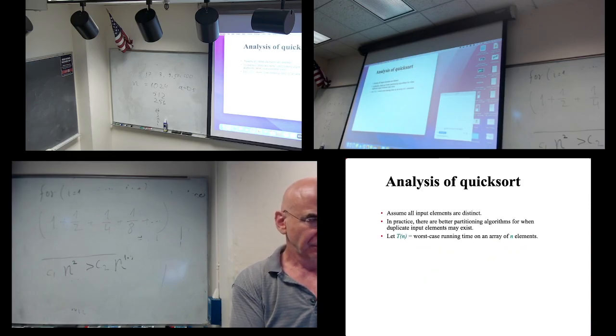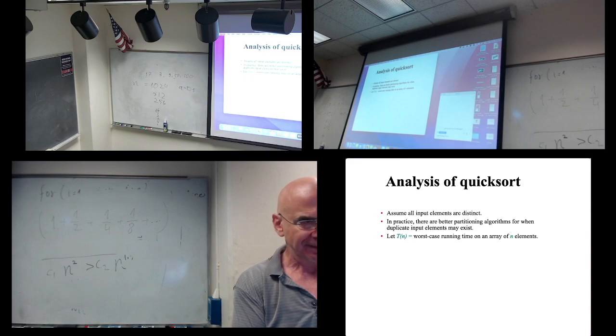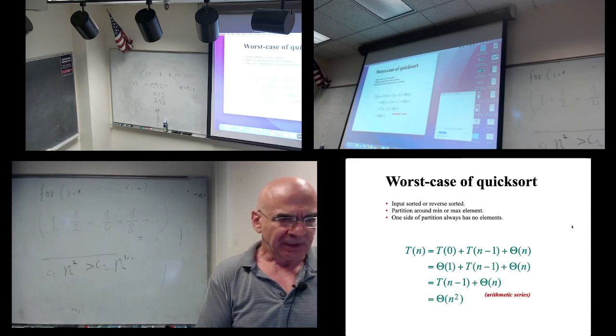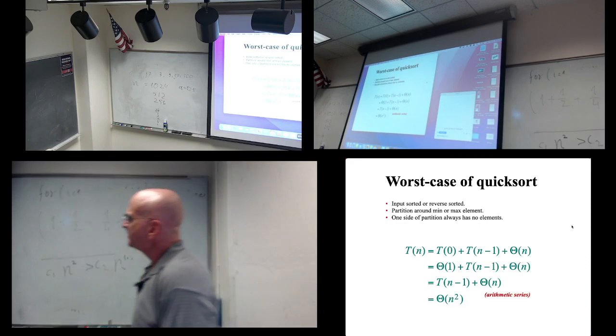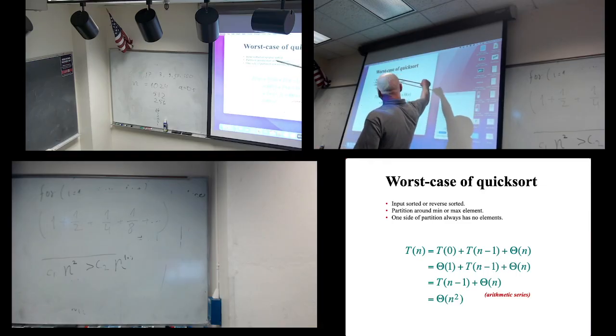Okay, so T of n is the worst case running time. The worst case and the best case might be different. Okay, if you like recursive formula, then what is happening here? T of n is the runtime of n on what's the worst input?